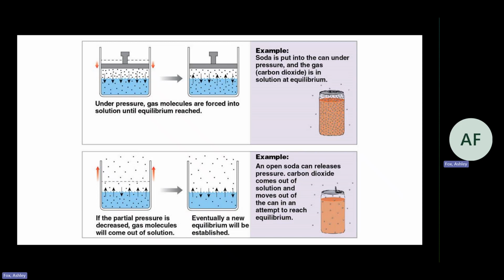So this is just giving you another example of Henry's law. Think about it in soda, when it's carbonated. When you're making soda, you put it in under pressure.